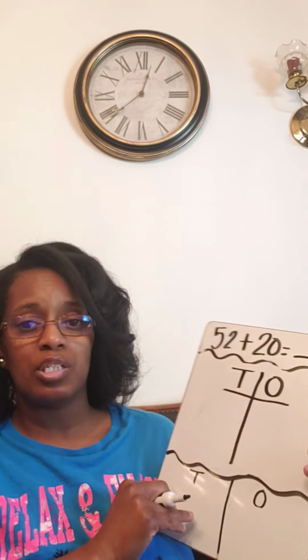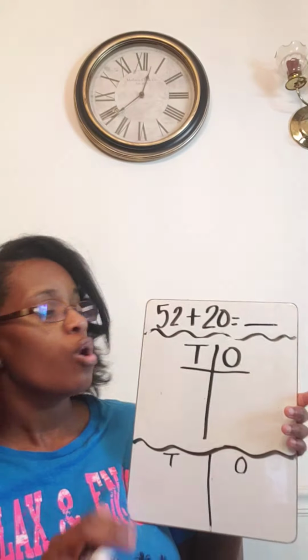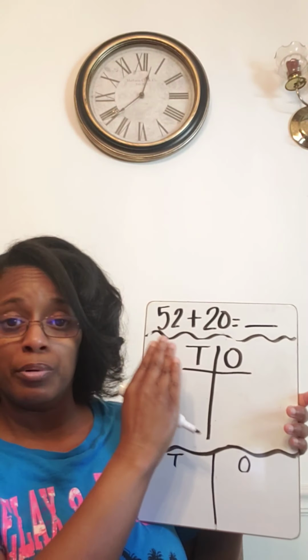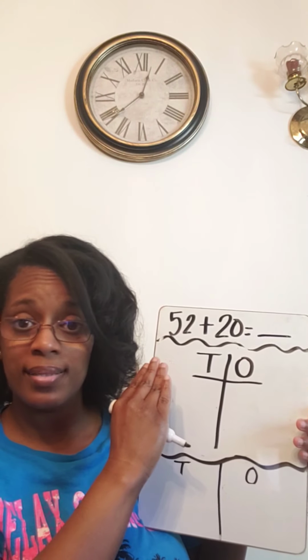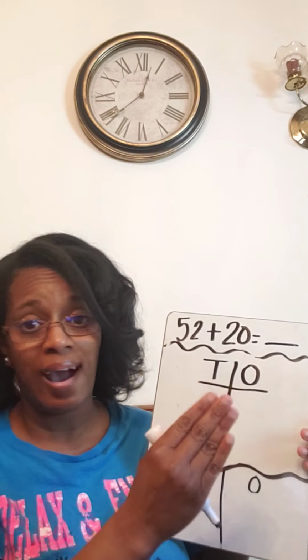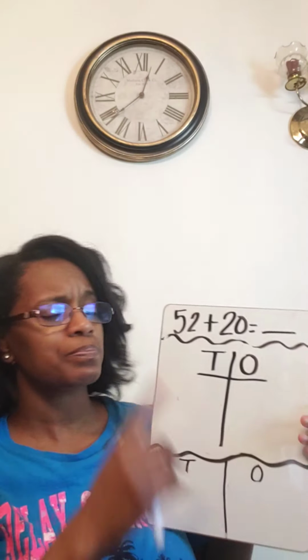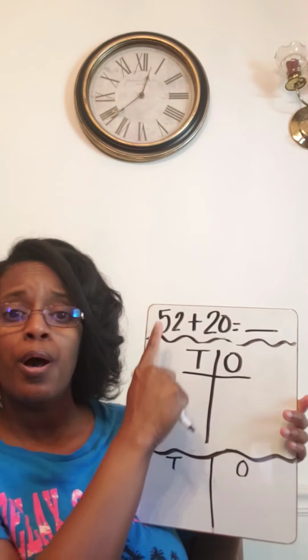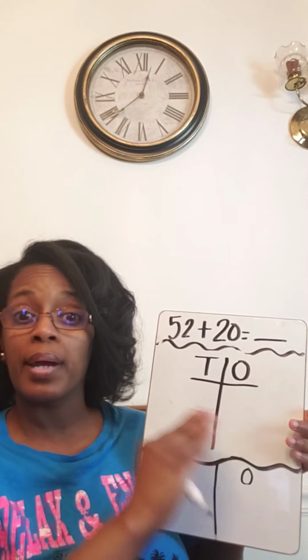Let's do 52 plus 20. If you're noticing on these problems that you're going to see on your assignment, one of the two-digit numbers is going to have ones and the other is not, and it really doesn't matter. So we've got 52 plus 20. We're going to break this up.